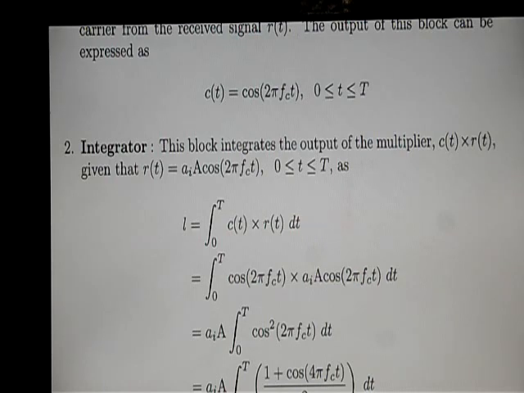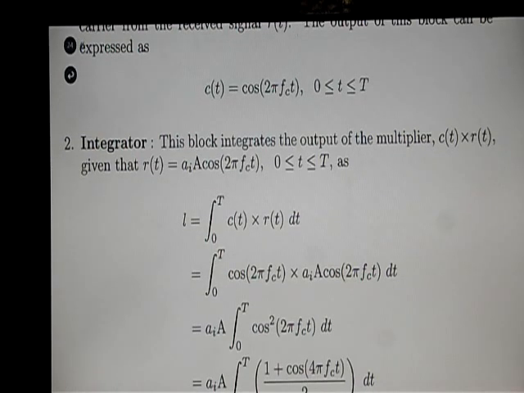The integrator block integrates the product C of t multiplied by R of t from 0 to t. So let's solve this integration from 0 to t.